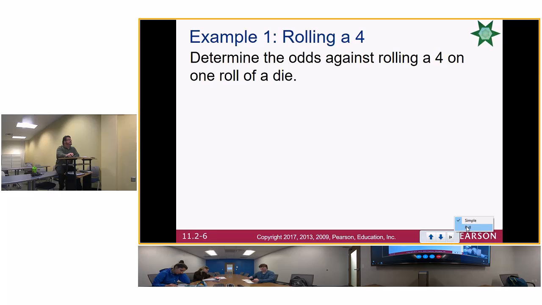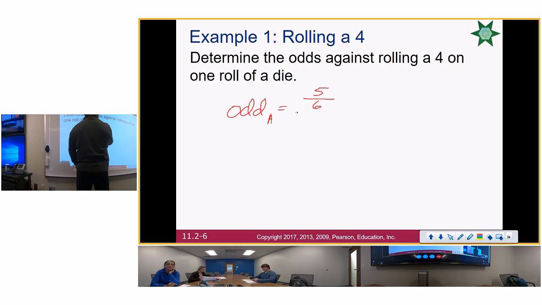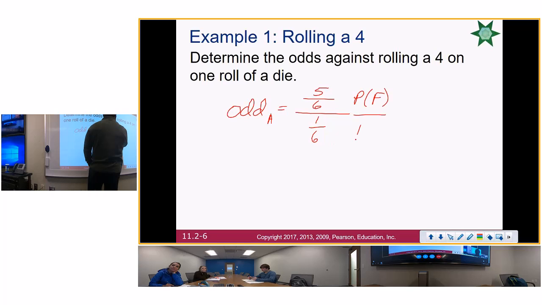So, what is failure? Failure would be 5/6, right? Yeah. So, here we go. The odds against. Mr. Robinson, you still there? I'm still here. Okay, you got to talk a little bit, got to interact. Odds against is equal to 5/6 divided by 1/6, because that's the probability of failure over the probability of success.